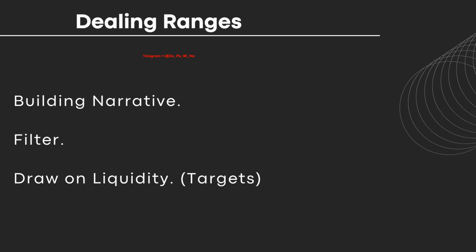The second aspect of the dealing range is that it is used as a filter, for weeding out the lower probability or low quality scenarios, and only ending up with the ones that are highly likely and high probability in nature. Remember the first few chapters about market profiles, where I taught you that when an expansion profile tests a key level, the next likely profile is going to be a reversal profile.